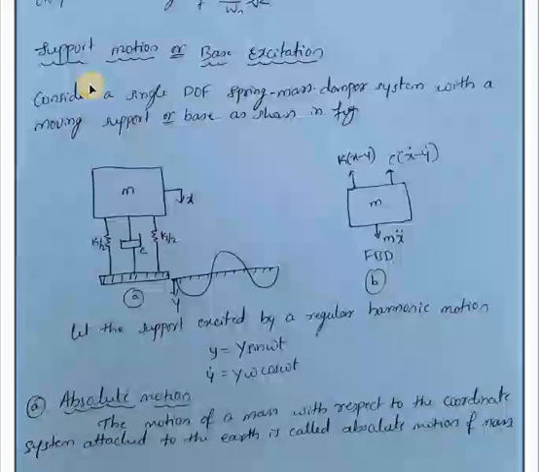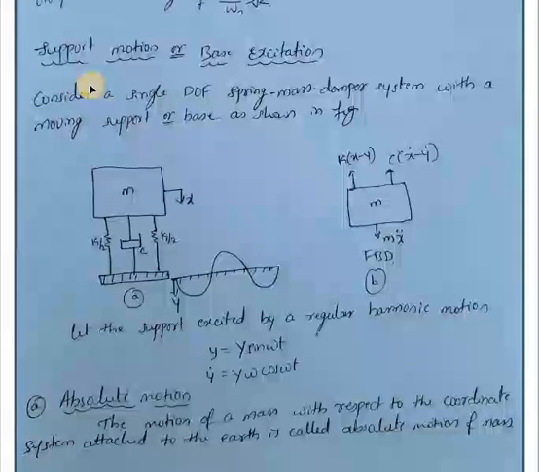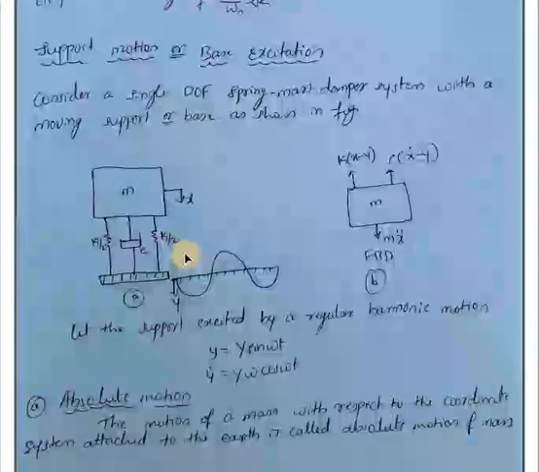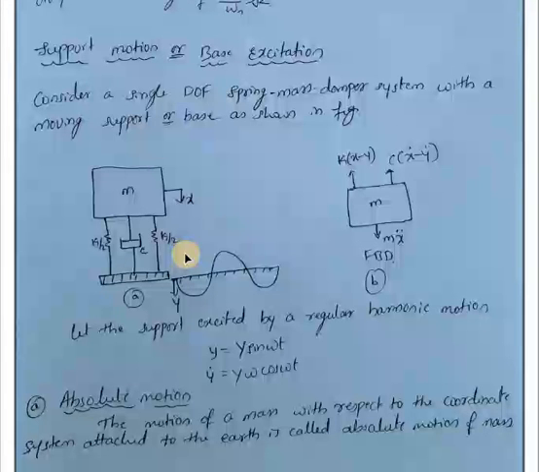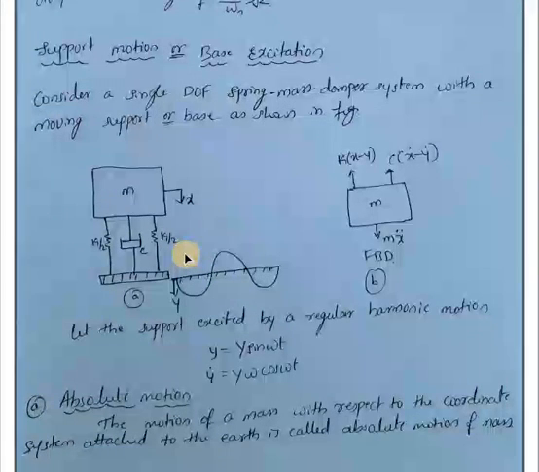This figure shows a single degree of freedom spring mass damper system with a moving support or base. In many cases, the excitation of the system is through the support or base instead of being applied to the mass. So you can assume that the support is excited by a regular harmonic motion.